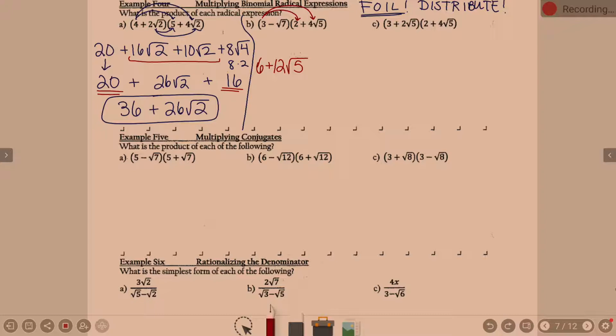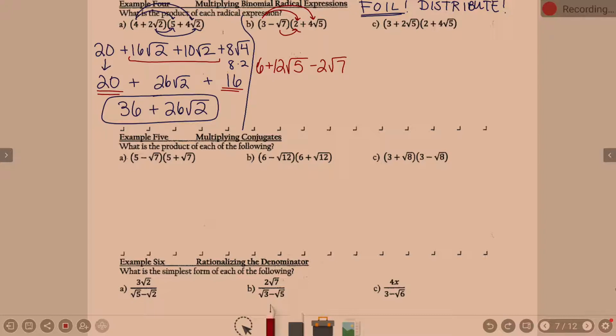Then we're going to do our insides, or we're going to take the negative square root of 7 and multiply it by 2. What is negative square root of 7 times 2? Negative 2 times the square root of 7. Yeah. 2 stays outside. 7 stays under the square root. Positive times negative. So negative 2 square root of 7.